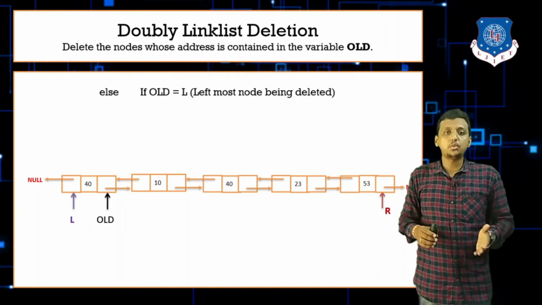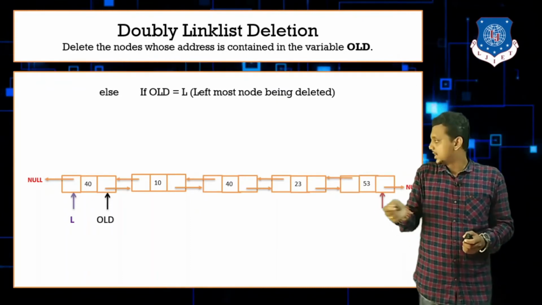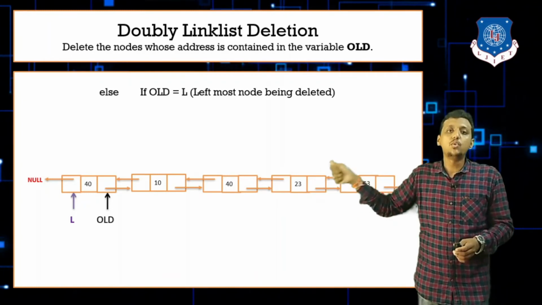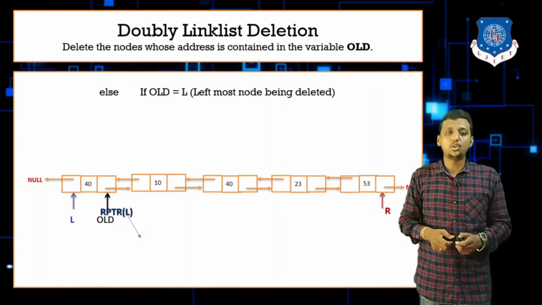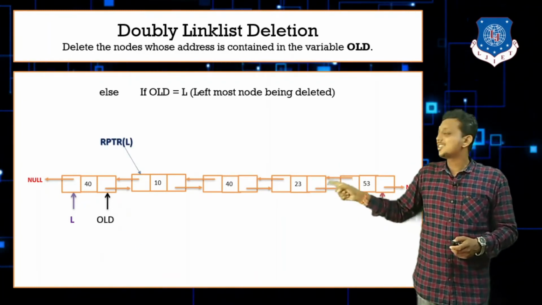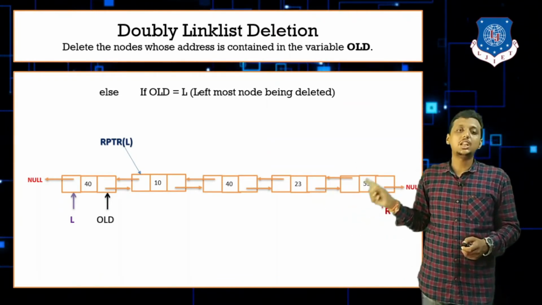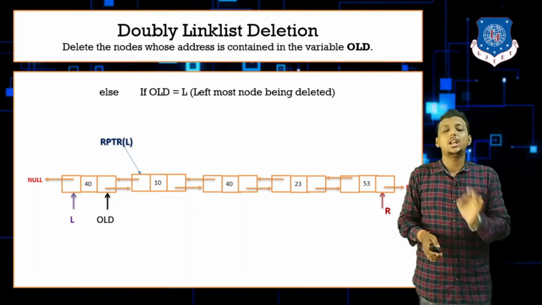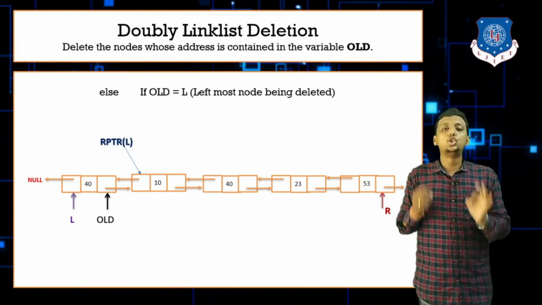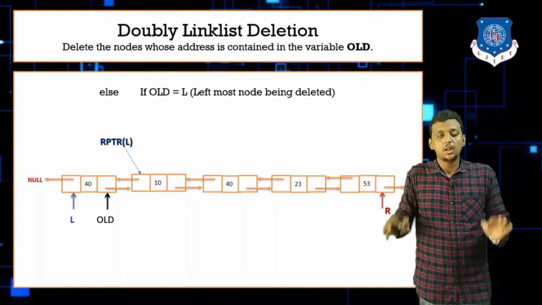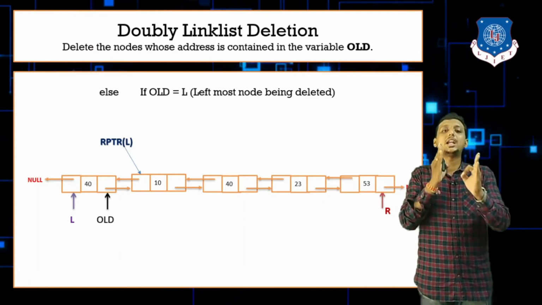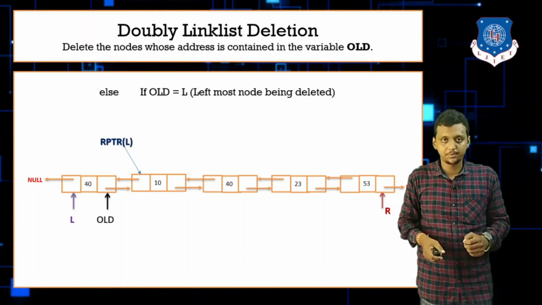So I just do one step: move L to the RPTR of old. If this is old, then the next node of 40 is known as the RPTR of L or the RPTR of old. You can write anything, because right now L and old are both pointing at the same node.